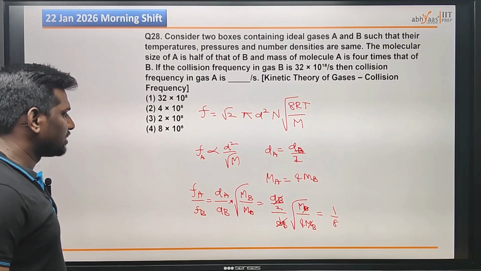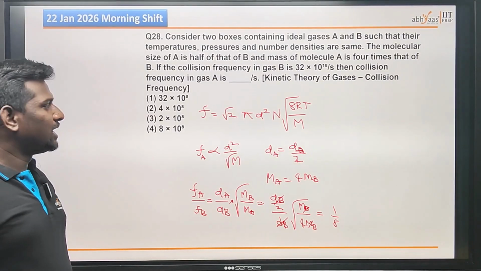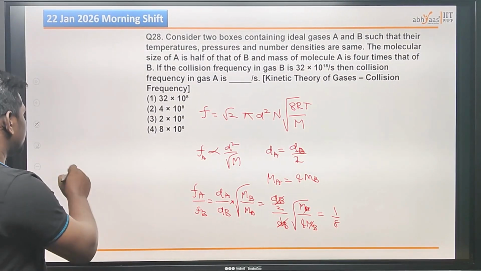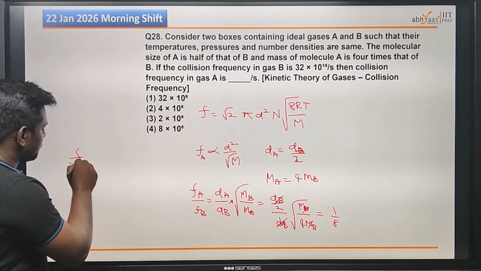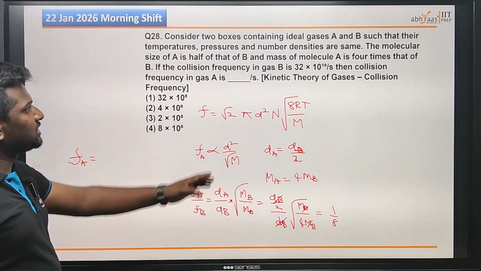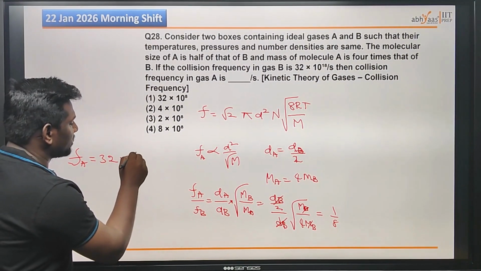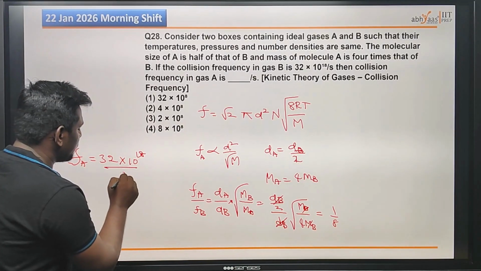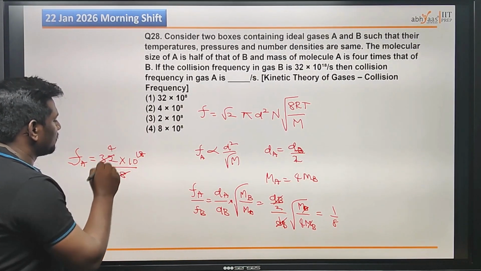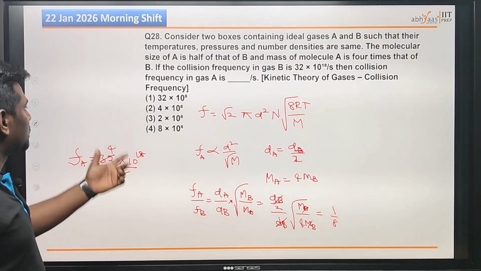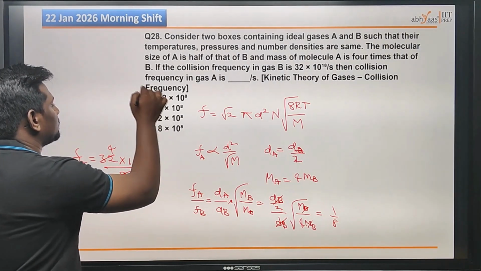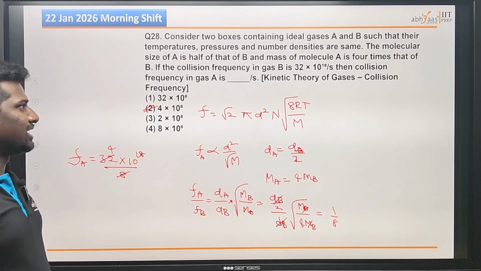One more, we have the value for gas B. So fA can be written as the frequency of the B particle, that is 32 into 10 to the power 18, by 8. So 4 times. So what is the correct answer? Option 2 is the right answer.